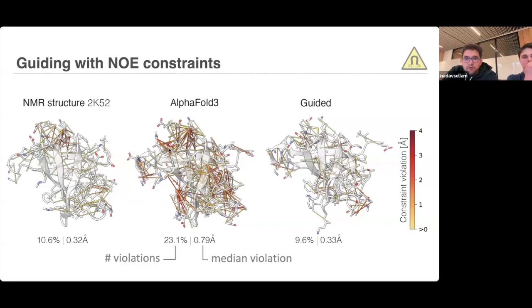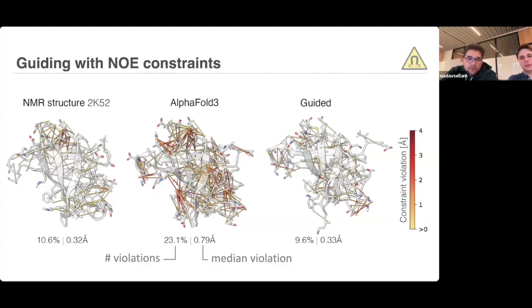And if you see AlphaFold 3 structures, since they are trained on crystals, they have very different side chains, even though visibly they look similar. We annotated the violations in dark red shades, and you can see that AlphaFold has, let's say, a quarter of the restraints violated, with, let's say, 2 times more error than what you get from the ground truth.